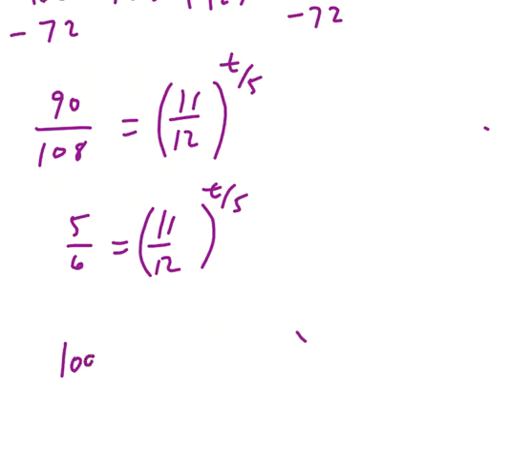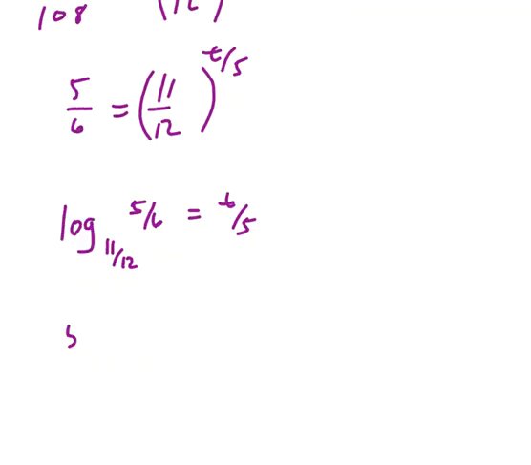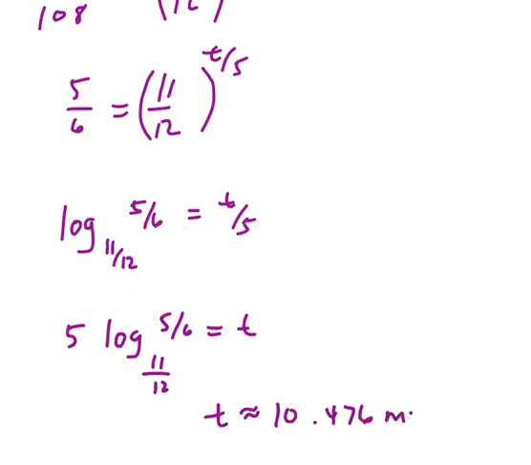Since I converted it this way, I'm going to use a log base. If I had used the decimal instead, I'd probably use ln instead. So T comes out as about 10.47 minutes.